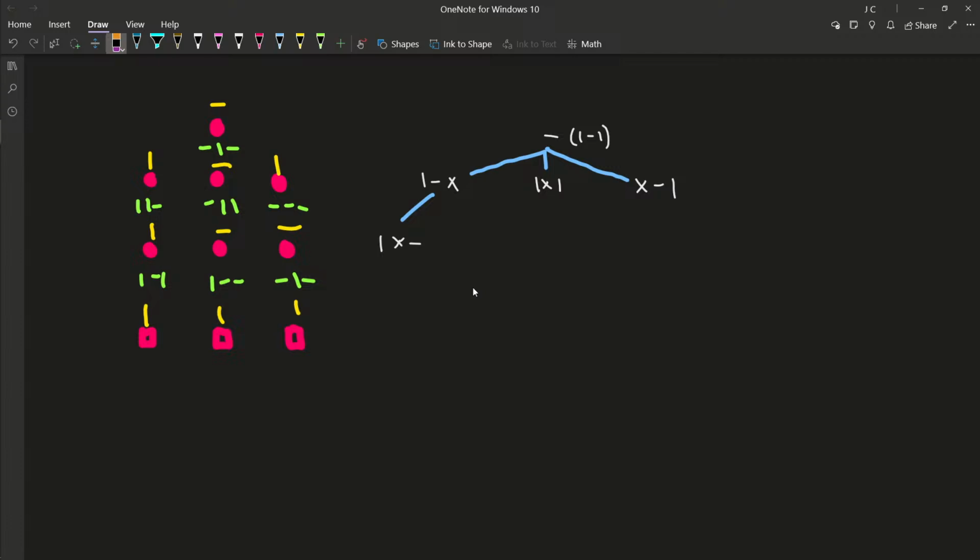But that turns out to be NP hard. Even the simplest... well, yeah, I'll talk about that later. Okay, so let's just keep going down this branch.